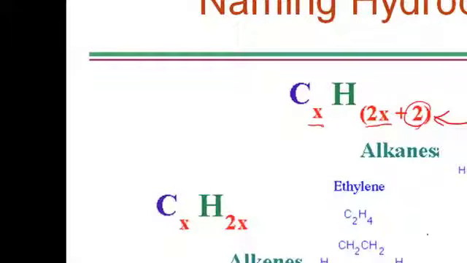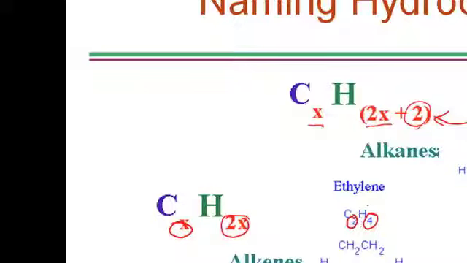Alkenes, again, remember that there's a double bond between 2 of the carbons, and it has this formula. The number of hydrogens is twice the number of carbons. So for example, ethylene has 2 carbons and 4 hydrogens because of this formula here.